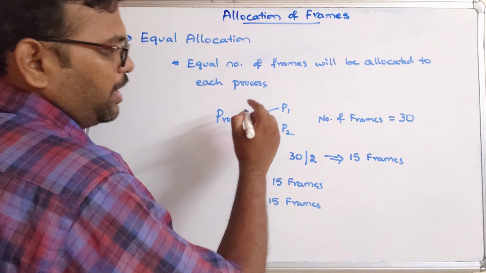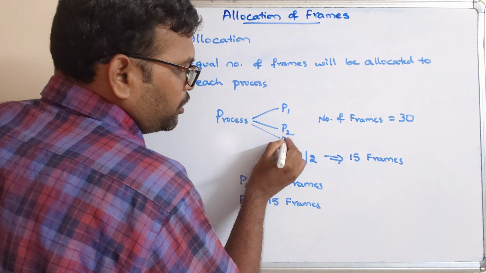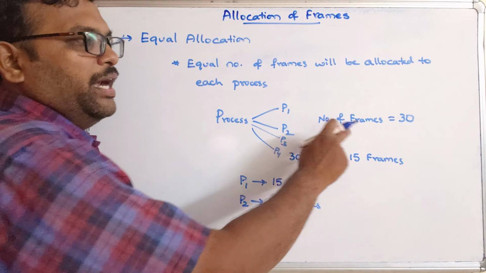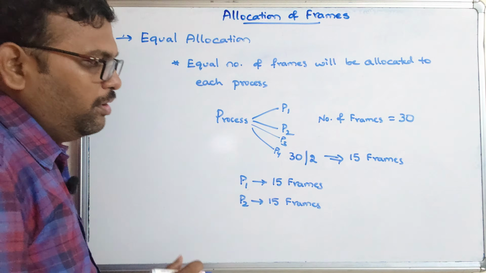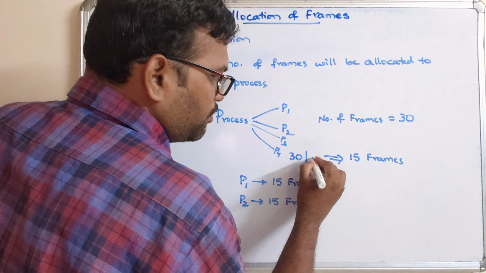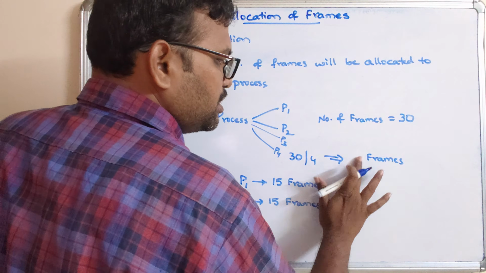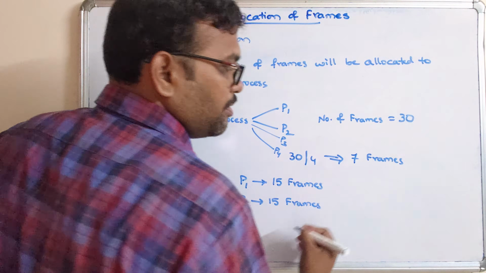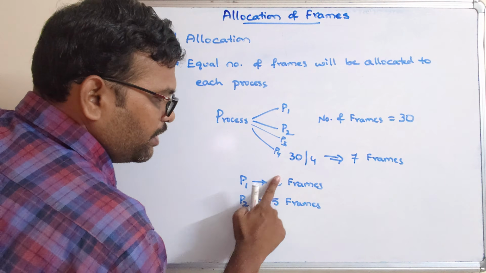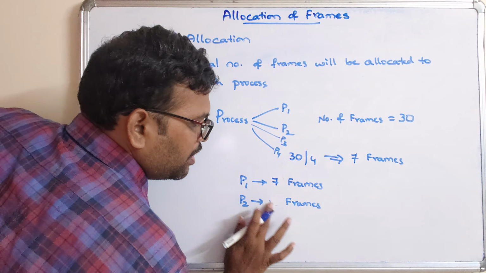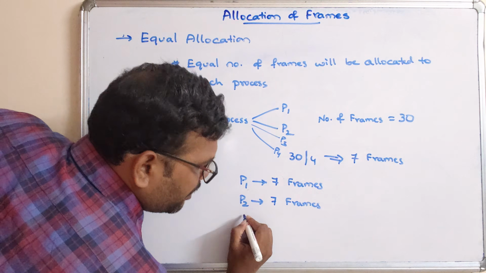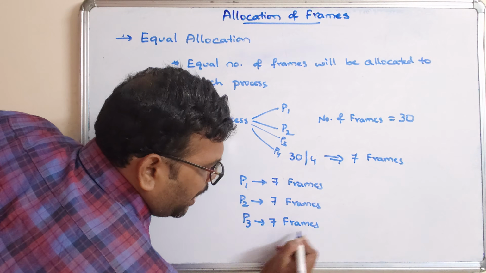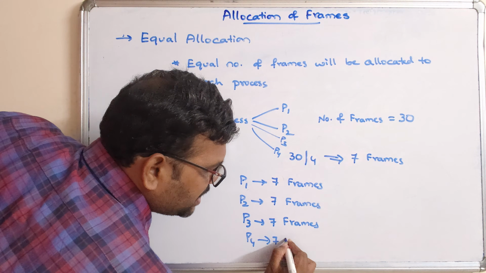If the same thing happens with four processes and 30 frames, then 30 divided by 4 gives 7 frames. So P1 gets 7 frames, P2 gets 7 frames, P3 gets 7 frames, and P4 gets 7 frames.